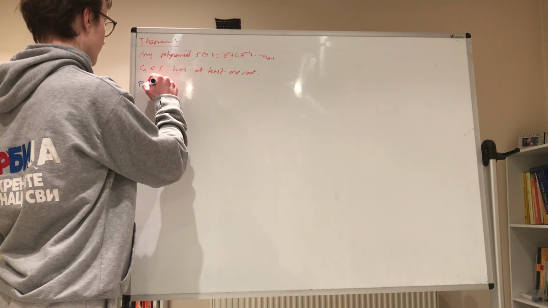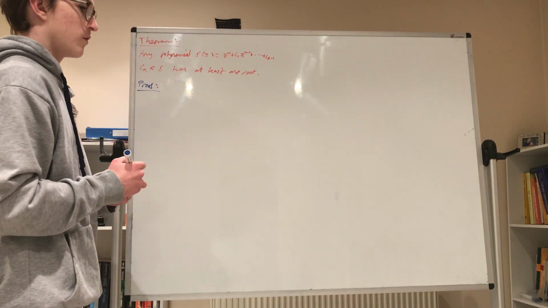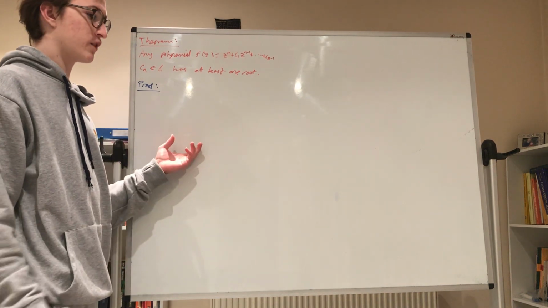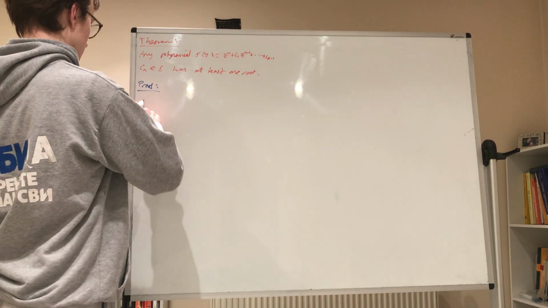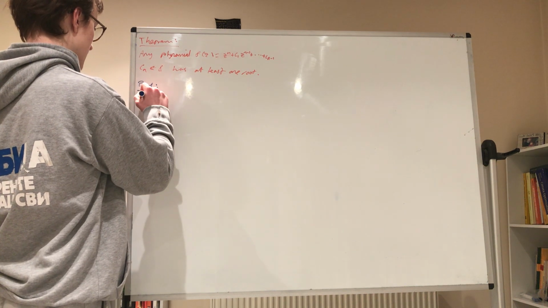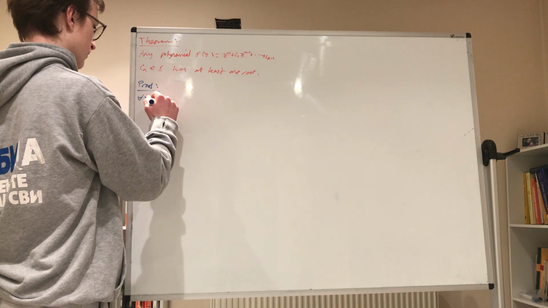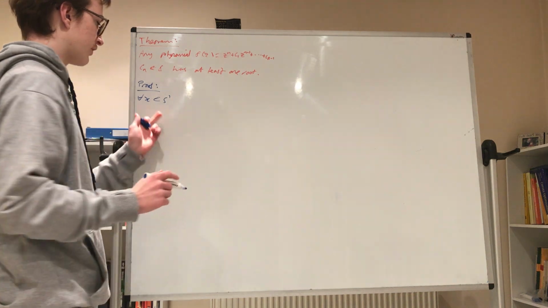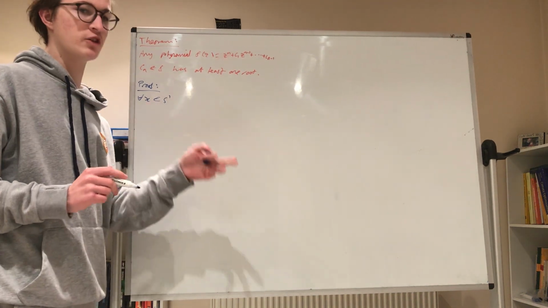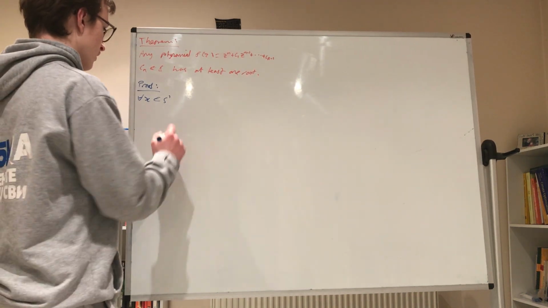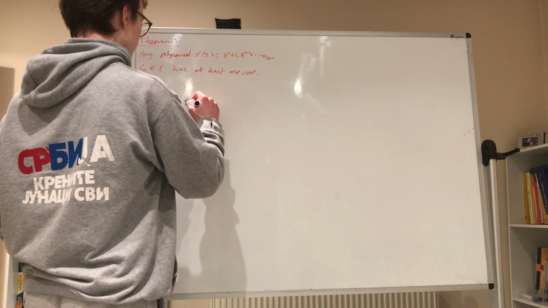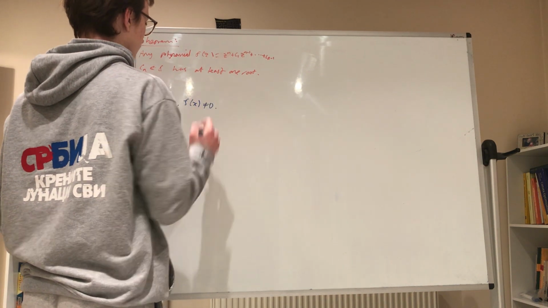Now, firstly, we'll assume that for all x in the circle, so that is for all x such that the magnitude of x is equal to 1, we'll assume that f of x is not equal to 0.